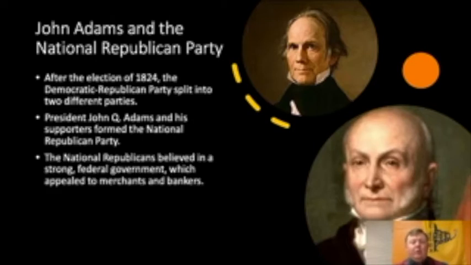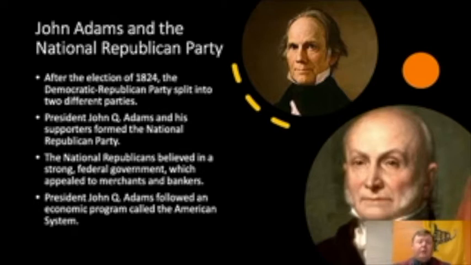The National Republicans believed in a strong federal government, which appealed to merchants and bankers. And guess what? This is just like the Federalists. Again, ideals really aren't changing. They're really just changing the name of their political party.